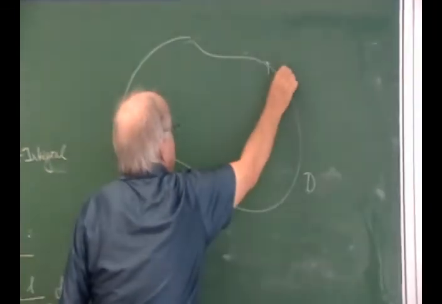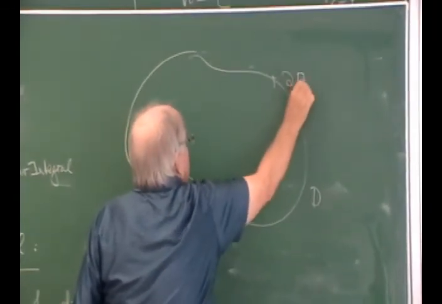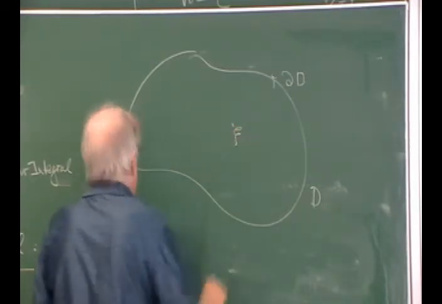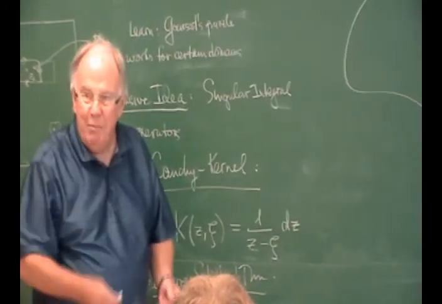Here's the boundary of D. Here's a point which we're going to call zeta. The word singular has to do with the fact that 1 over z minus zeta blows up there. It blows up there, and you physics people should think of this as Dirac measure. Dirac measure means you want something that blows up, that picks out the value.